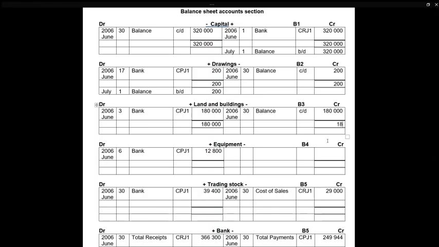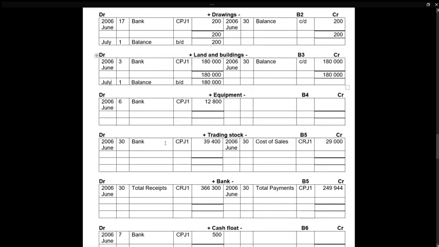Two sides are equal, therefore I've done it correctly. New opening balance will be 180,000 Rand. Opening balance value is always brought down. Details will be balance since it's not a transaction. First day of the new month, which is July.